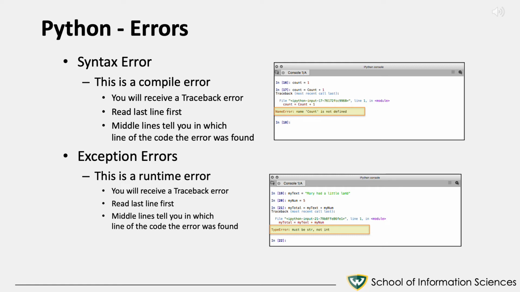So in the third line, which is line 21, I say my total equals my text plus my num. So it's taking the string, Mary had a little lamb, and trying to add it to 5. Of course, Python doesn't know what to do with that. You can't add a string to a number. So it gives me an error. That happened when it ran. So that's an exception error. It's during runtime. Syntax error happens when it's trying to compile it right before it runs.